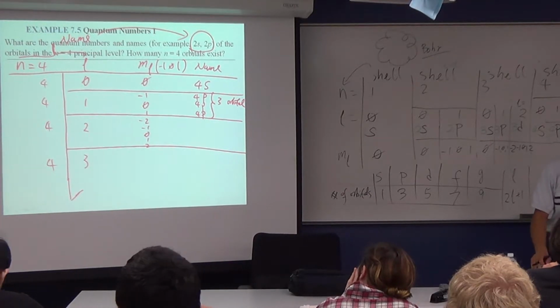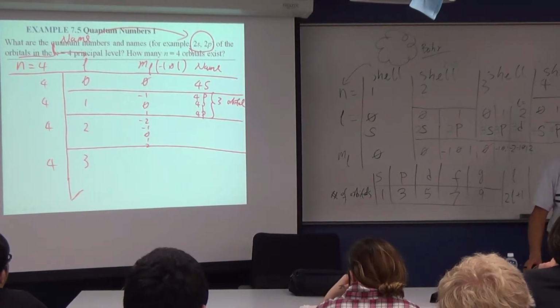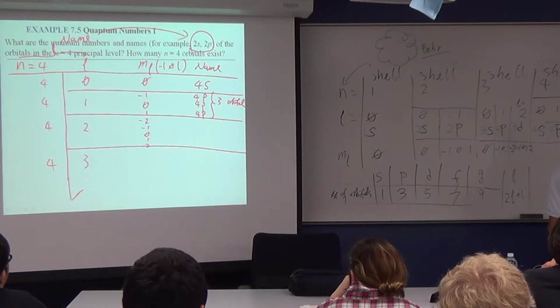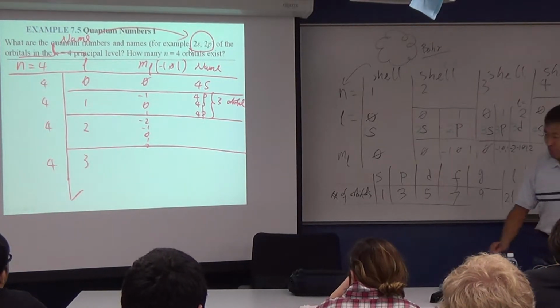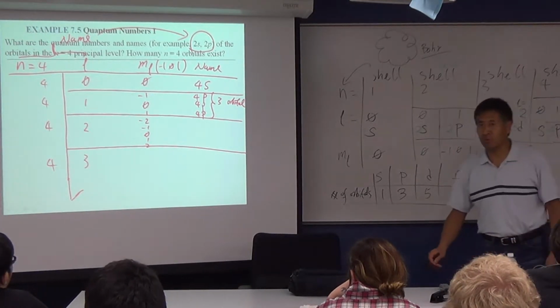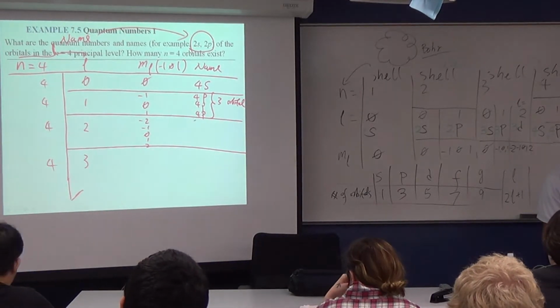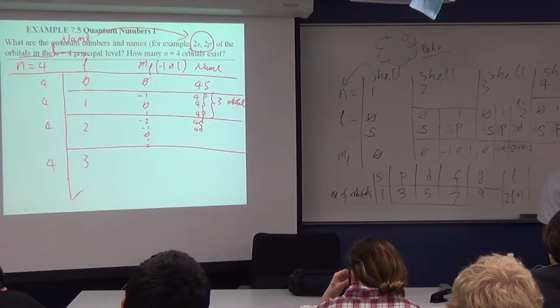What are the names for these 3 orbitals? All of them 4p. So now, what do you call this? Those, like that N4, L2. N4, L2, what do you call that? 4D. How many 4D do we have?